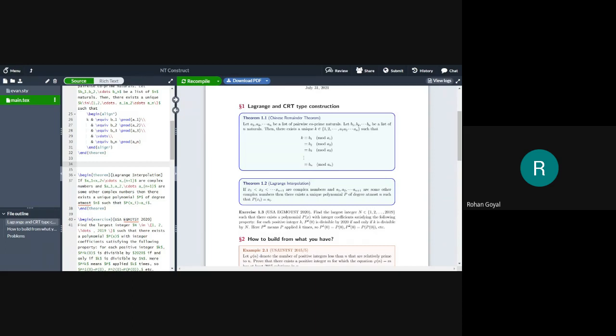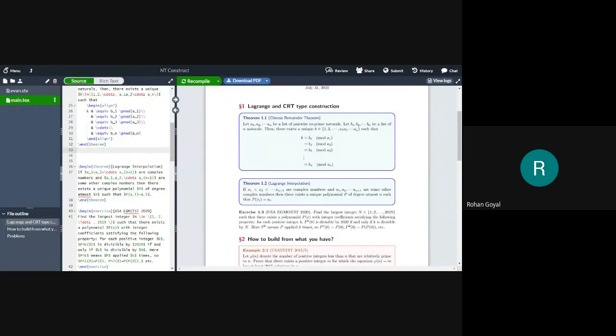So the basic idea is it is a list of congruences that you want to satisfy, and the moduli are basically co-prime to each other, like mod a1, mod a2, ..., mod an, and all of these will be co-prime. So you just have a set of congruences you want to follow, and you want to find a number which satisfies all these congruences.